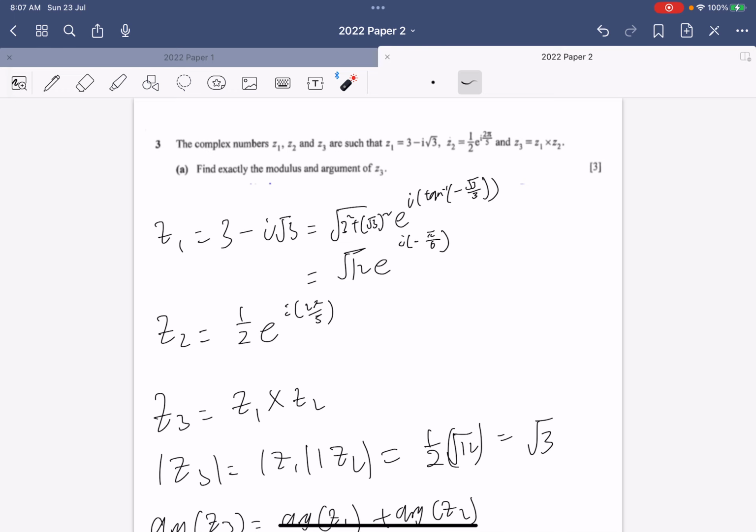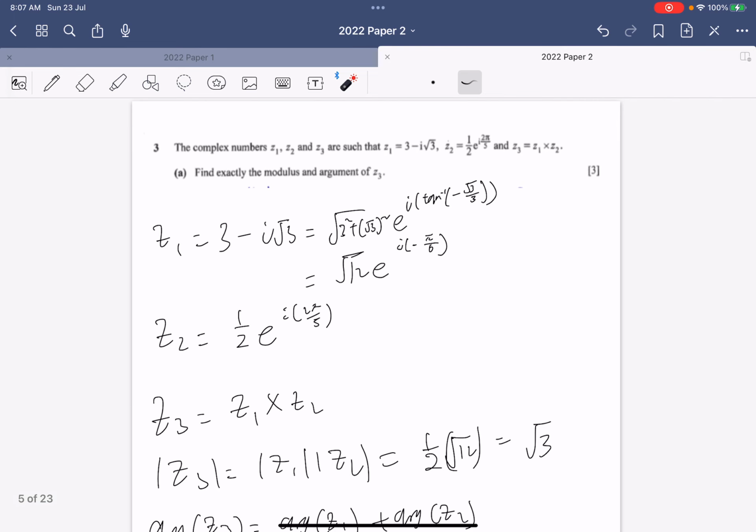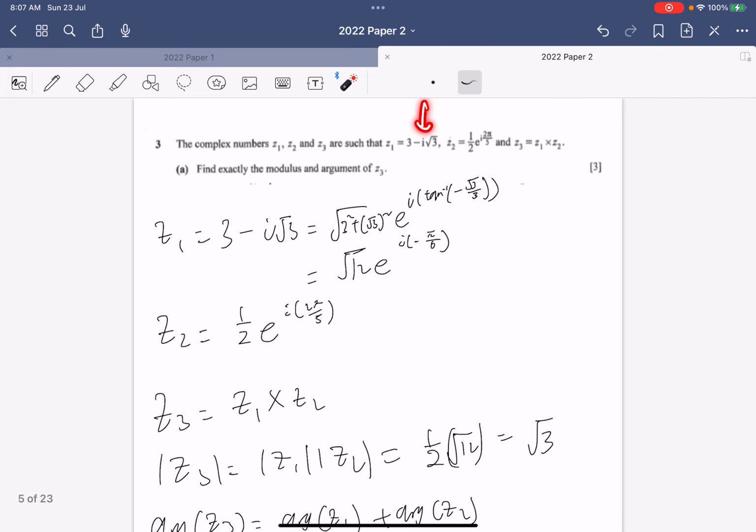of z3, which is z1 times z2. So z1, we know is 3 minus i square root 3. And it's easier to do it in exponential form because it gives you the modulus and the argument of z1. So z1 is this.